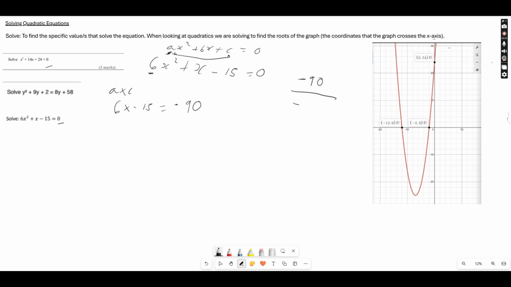Now we're going to find the factors of minus 90. I'm just going to make the second number the negative for this example, but either number could be negative in this scenario. So we've got 2 and minus 45, 3 and minus 30, 5 and minus 18, or 9 and minus 10.